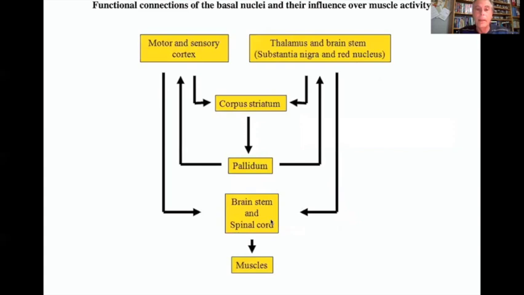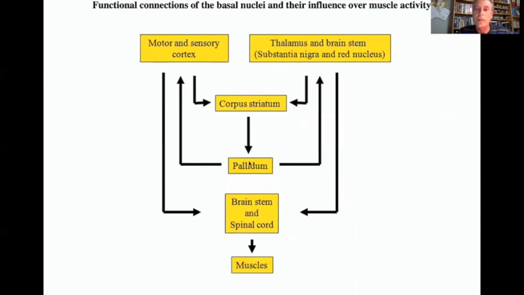Okay. So again, how are these nuclei related to other structures? As we see, this is very simple. The motor and sensory cortex projects to the corpus striatum, and the thalamus and brainstem project as well to the corpus striatum.